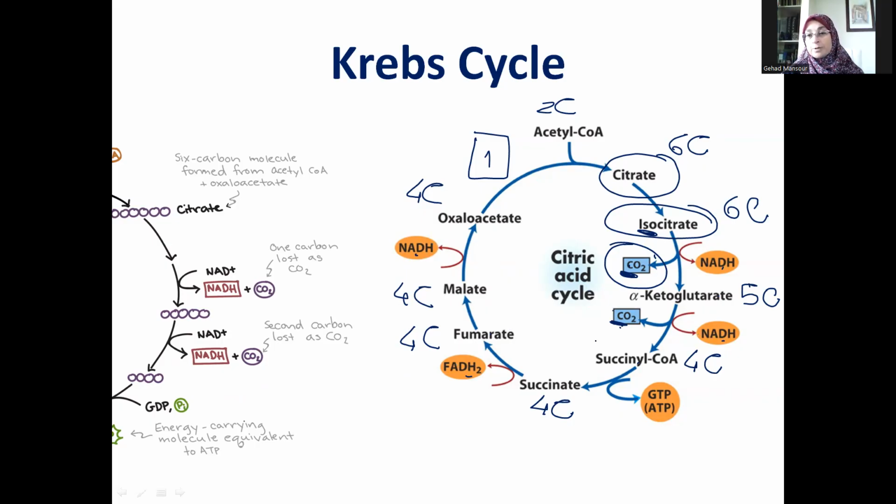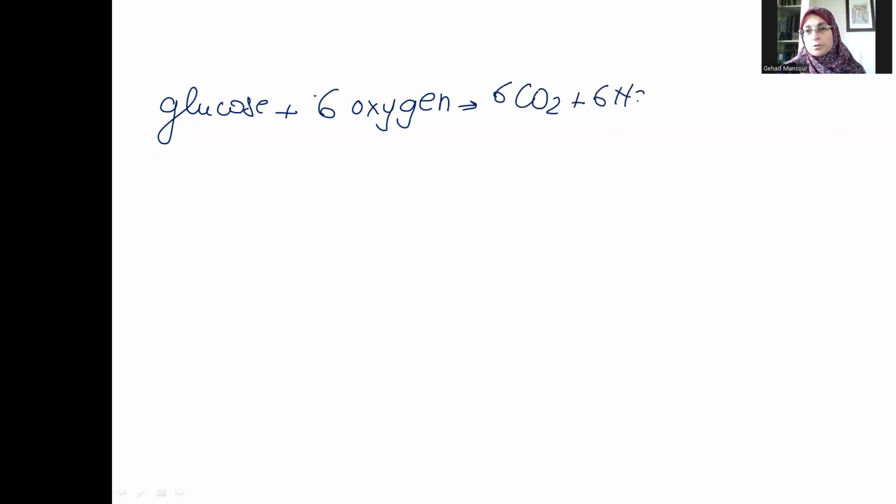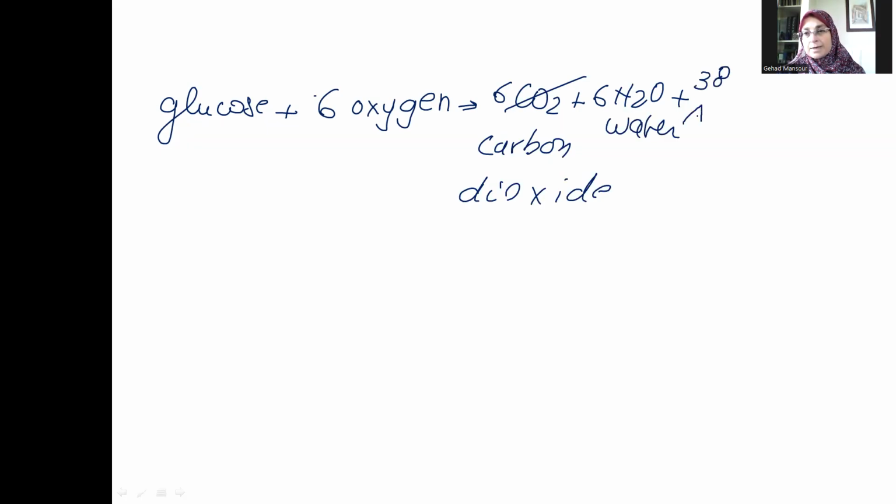Notice that for the total number of carbon atoms that are produced in cellular respiration, we are going to open a screen. We used to say that when we have a glucose molecule that binds with 6 oxygen molecules, it will give rise to 6 carbon dioxide and 6 molecules of water, plus of course the 38 ATPs.